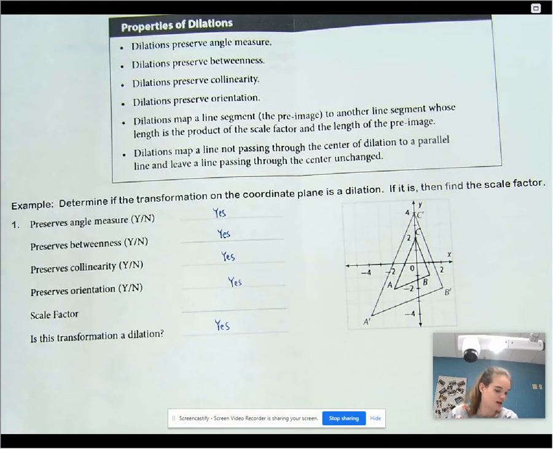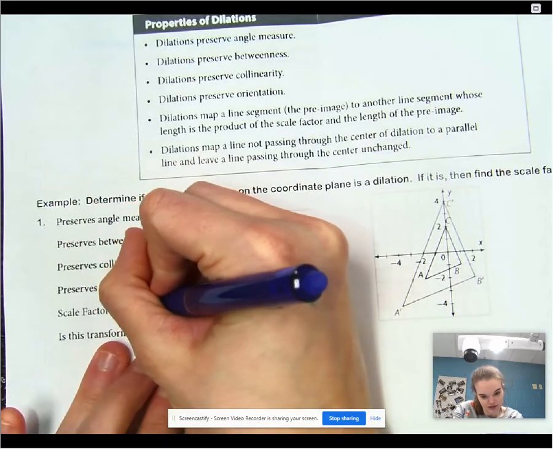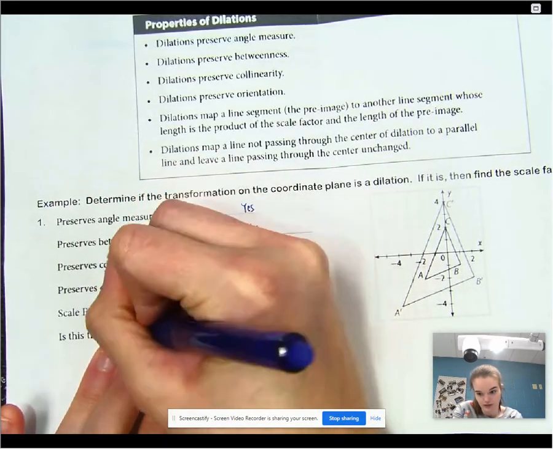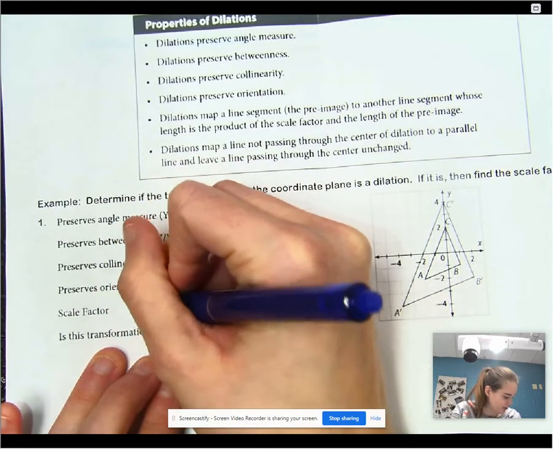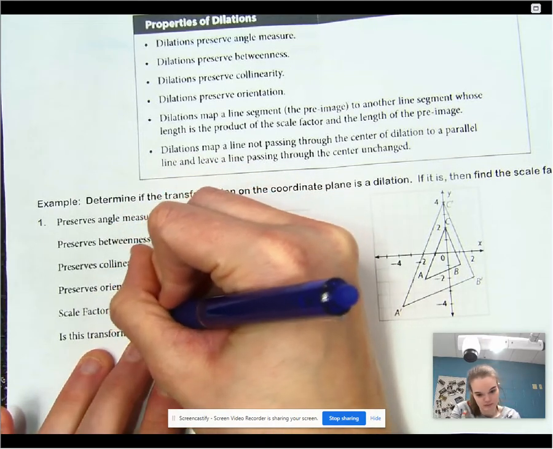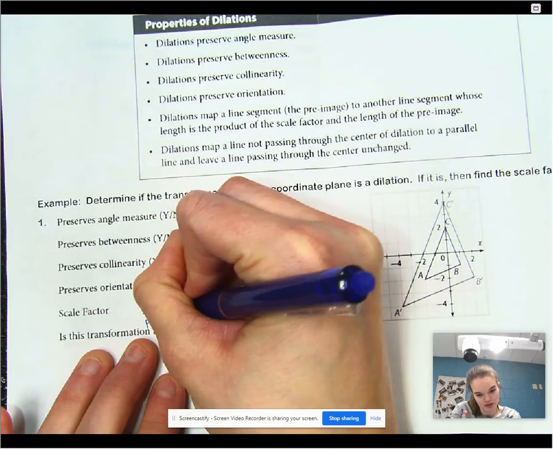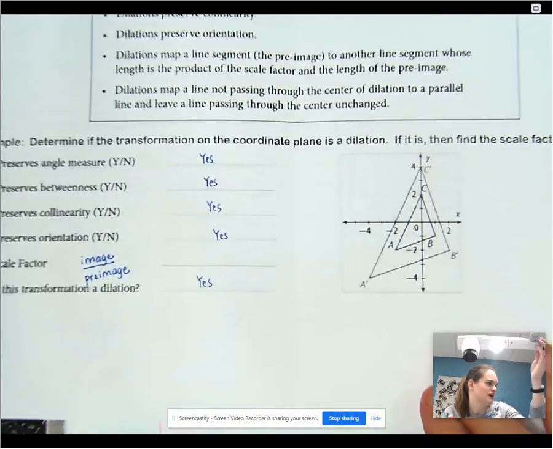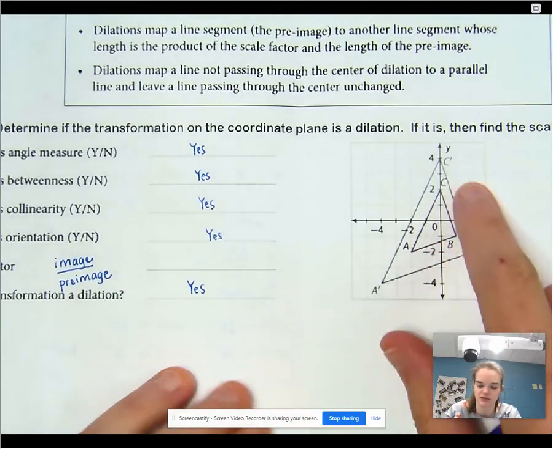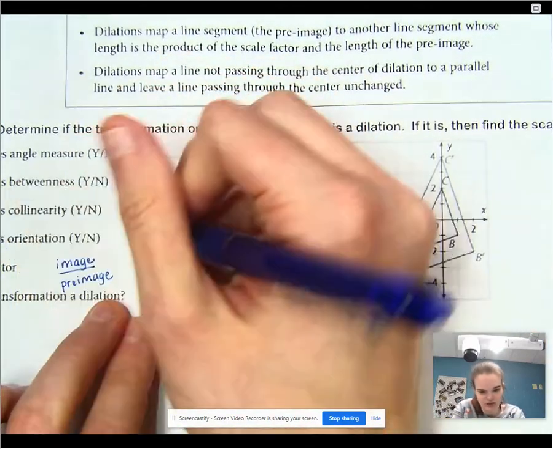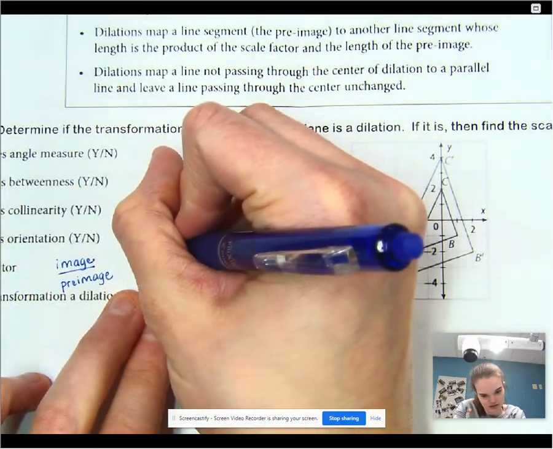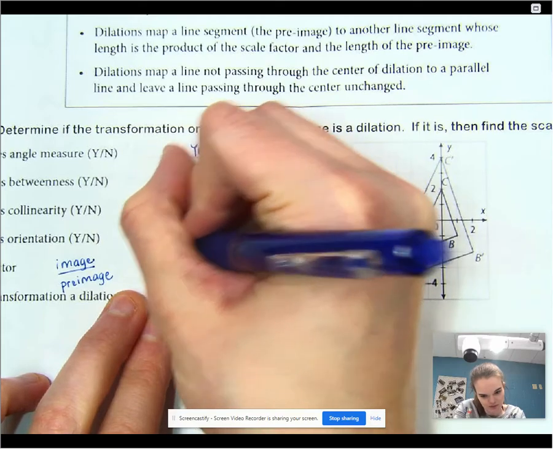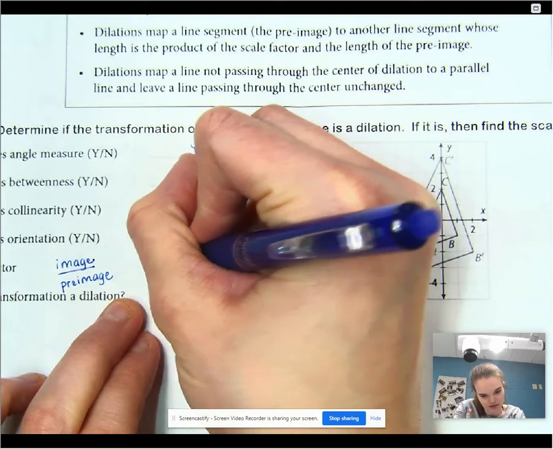The scale factor is, as I said on the front, the image length divided by the pre-image length. So we're going to pick one side, since we know it is a dilation, and find this. Let's start with AC. Its image, A prime C prime, divided by AC.